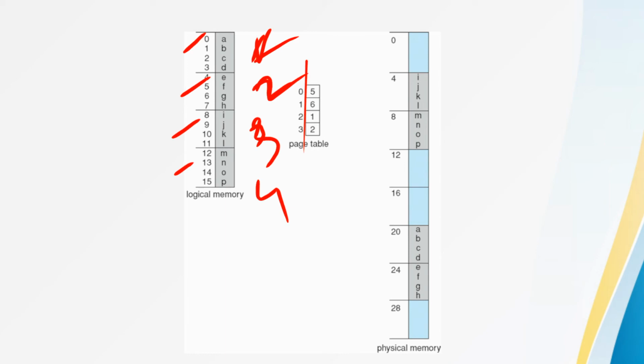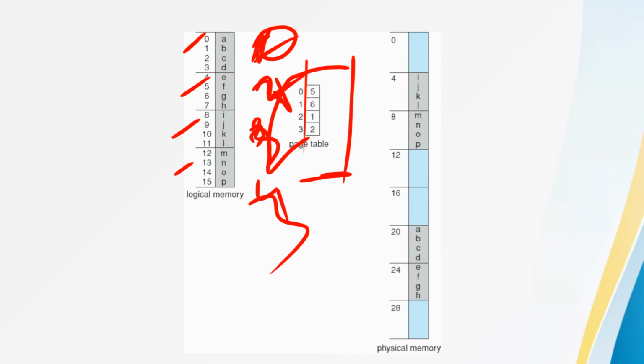Okay. See here the page table. We can assume the pages are 0, 1, 2, 3. So here the page table has the data. These are the page numbers 0, 1, 2, 3 and the frame numbers are 5, 6, 1, 2. How will it be mapped in physical memory?